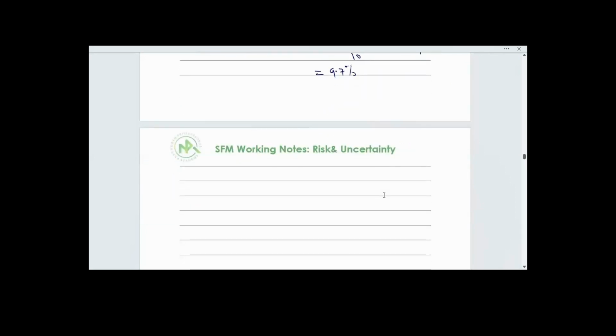So I will say the product life should not reduce below 9.7%.